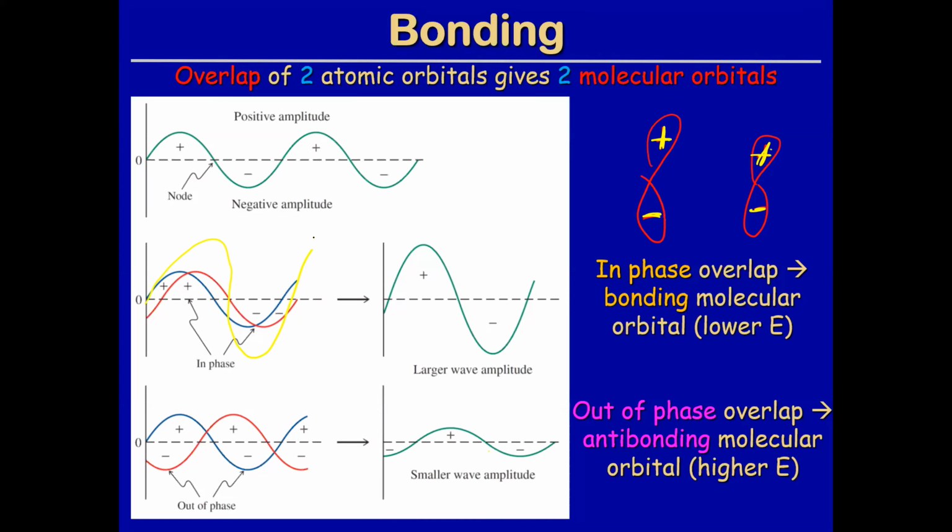If the minus overlaps with a plus, there will be a smaller amplitude, and they will pretty much cancel out. So these are the nodes in orbitals. S, P, D. Now we're going to be speaking only about S and P. Because S is also going to be plus or minus. So this can interact with that, or it can interact with this.